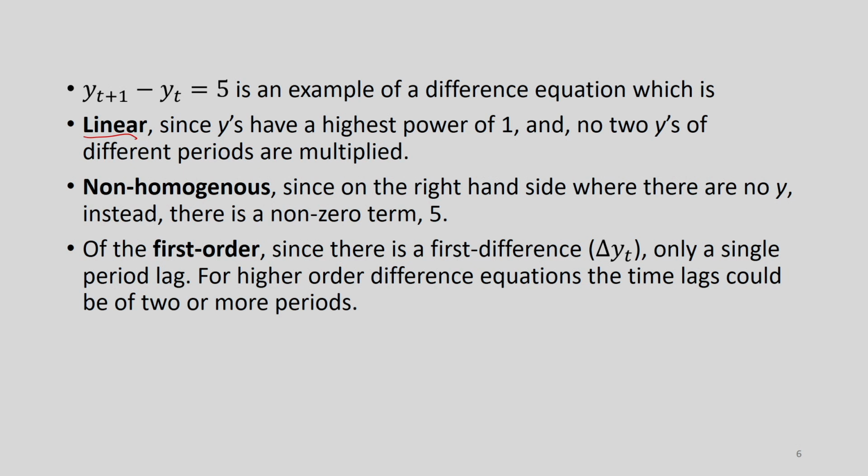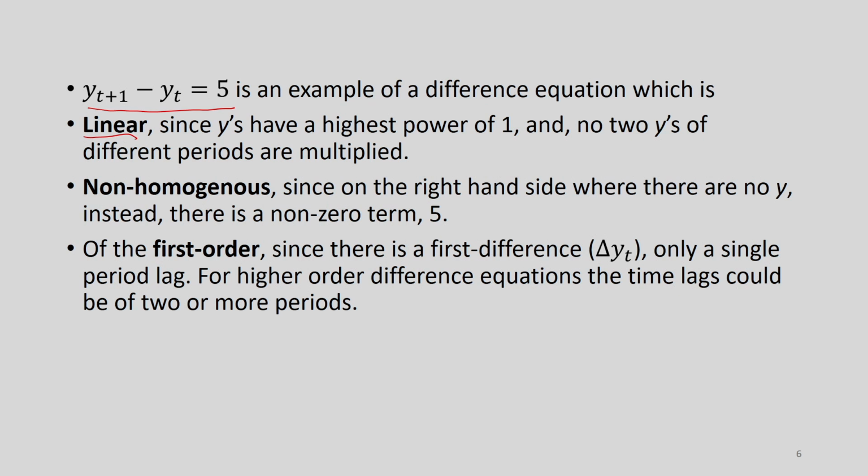So, the only power of y's that is there is 1, and one can say that the 0 is also there because y to the power 0 is 1. So, this is the reason why we are saying it is a linear equation, and also it is the case that if we take the y's of two different periods, then they are not multiplied together. So, these conditions are being satisfied here, and so we are calling it a linear difference equation.